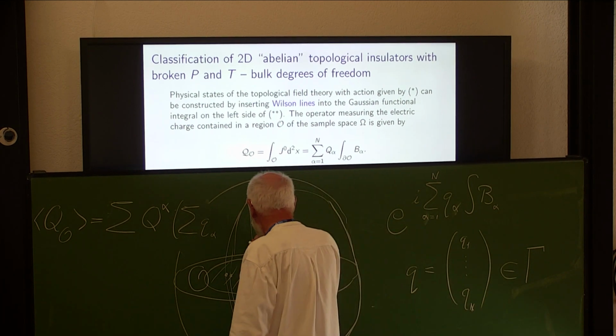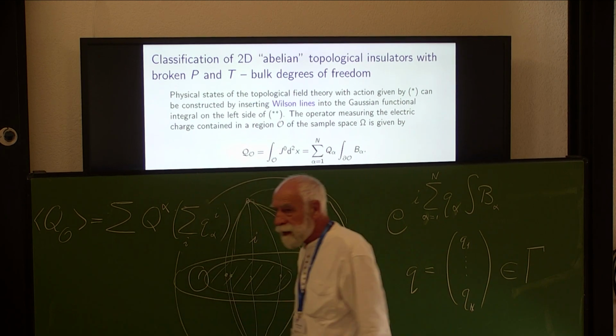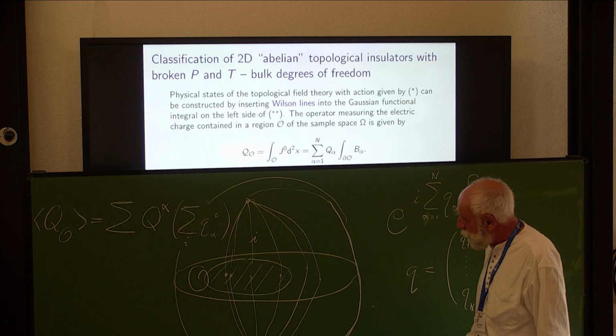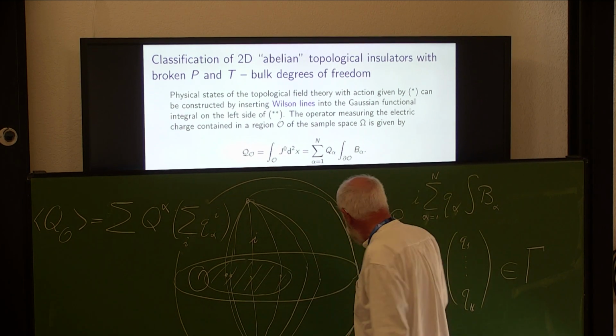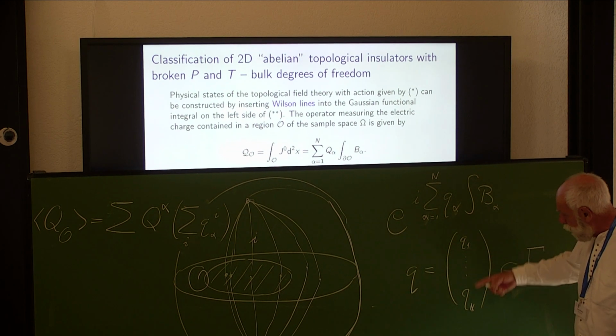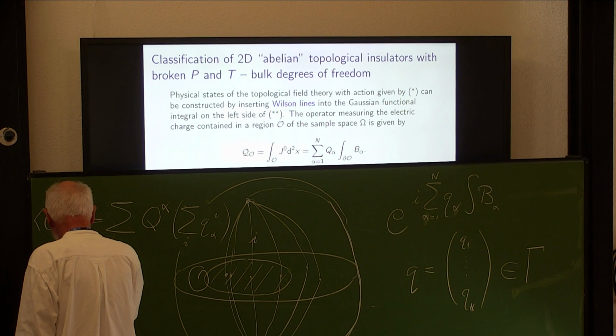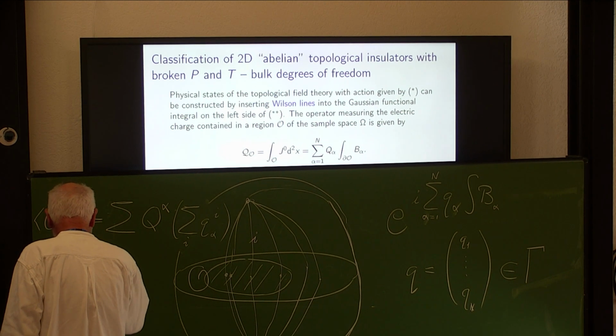Let's call it I, this Wilson line I. So in particular, the charge of a single Wilson line with charge numbers little q1 up to qn is nothing but some q alpha.